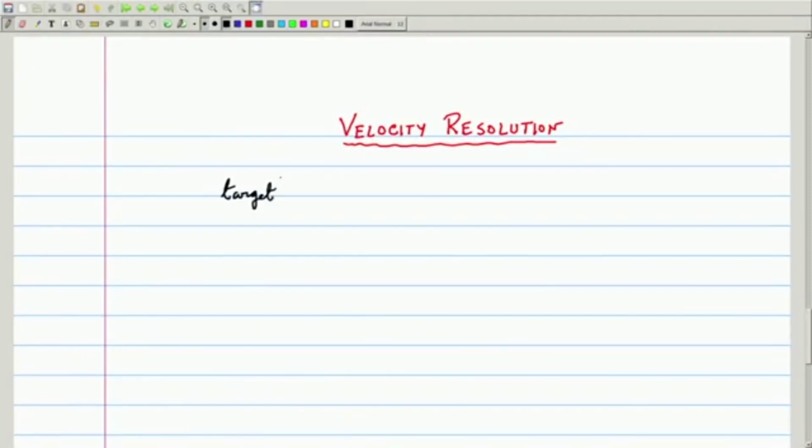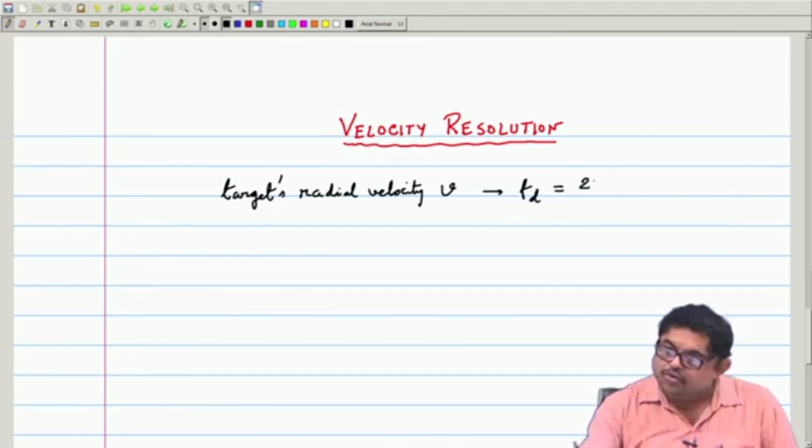So, let us say for a target, the radial velocity, if it is v, I am not writing Vr. We know the Doppler shift is 2 v f c by c.